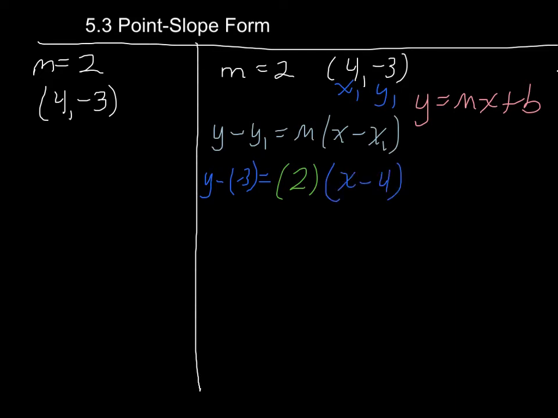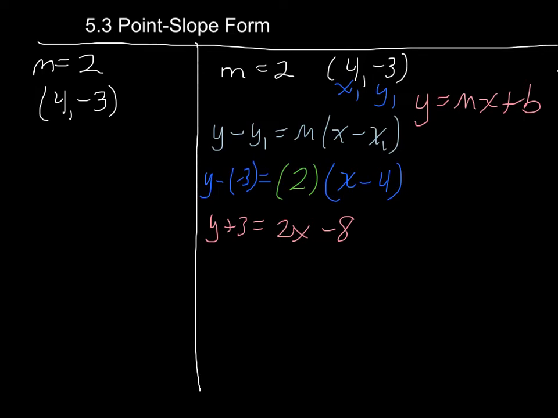Okay, and that is the point slope form right there. That's what it looks like: y minus -3 equals 2 times x minus 4. Of course, we can manipulate this. It would be y plus 3 is equal to 2x minus 8.